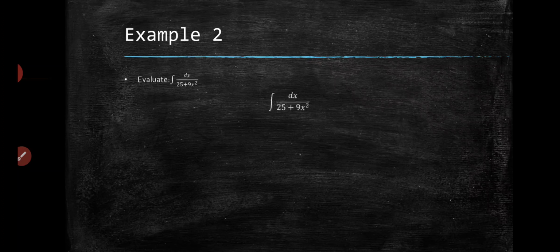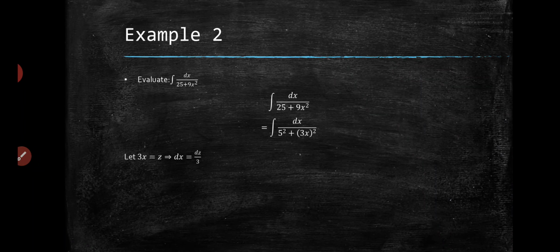I can write this as dx by 5 square plus 3x square. Now obviously we have to ensure that the variable is standalone, there is no coefficient with it. If we have a coefficient, we can take a substitution or we can divide it out and take it out of the integration. So there are two ways of doing it. Here I am doing a substitution which makes it easy.